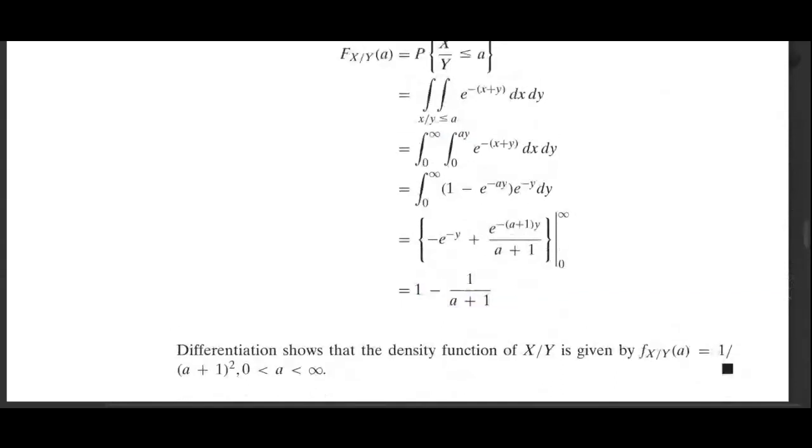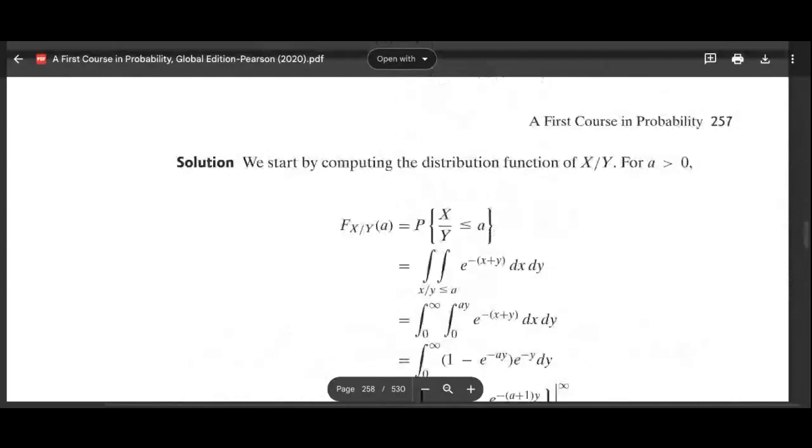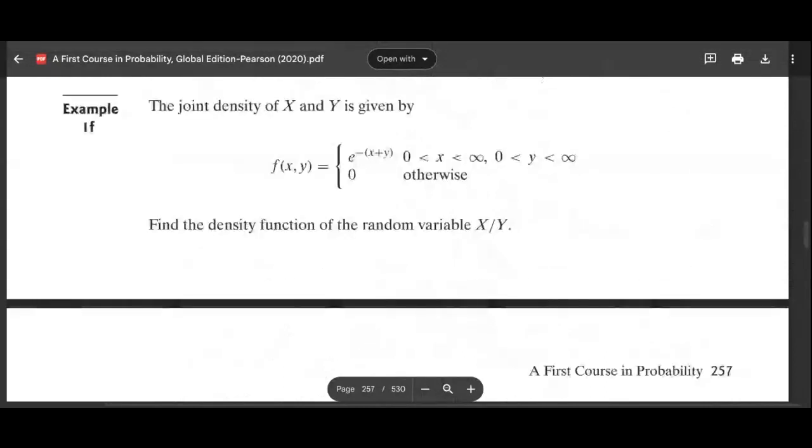Okay, this kind of question is interesting. So differentiation shows that the density function of x/y is given by f x over y of a equals 1 over a plus 1 squared, right?